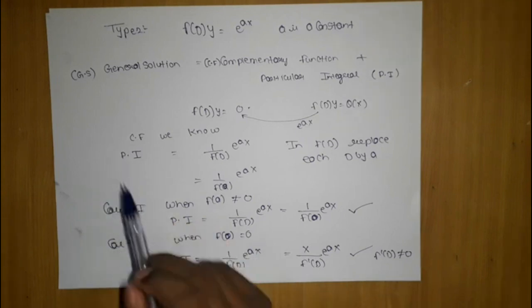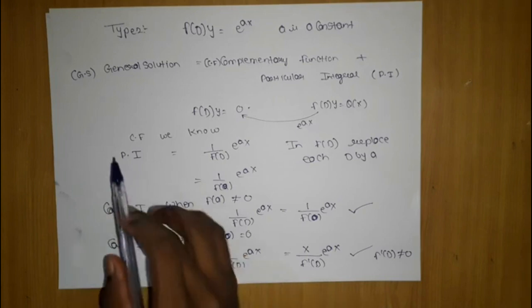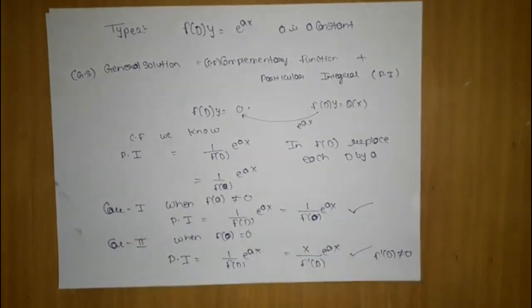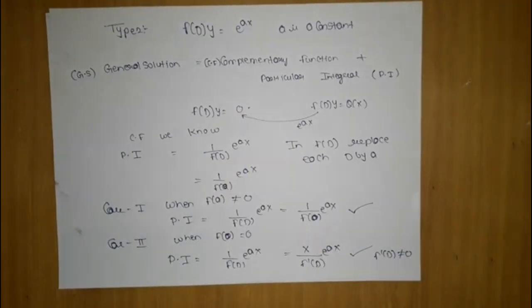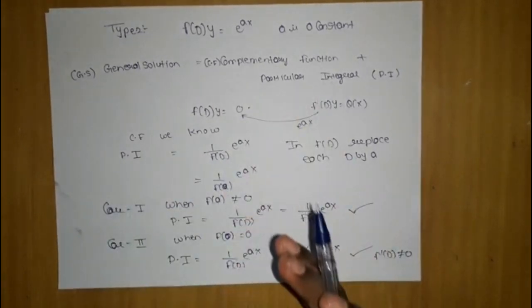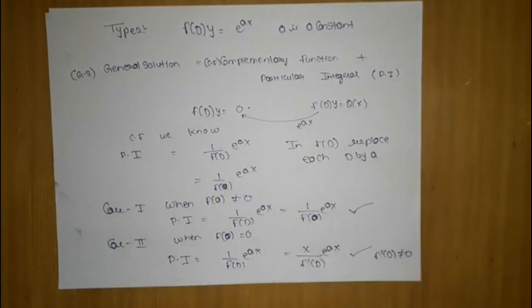Moving on, there can be two cases. In case 1, the particular integral structure is 1 upon f of d into e power ax. In this type, e power ax is on the right side, and your particular integral will be in the format 1 upon f of d into e power ax. You have to substitute d by a.